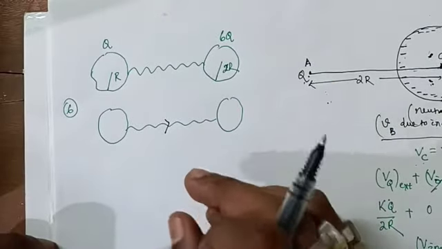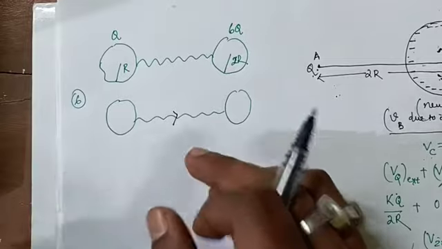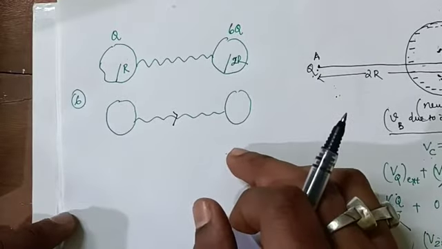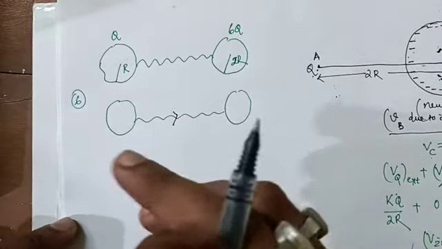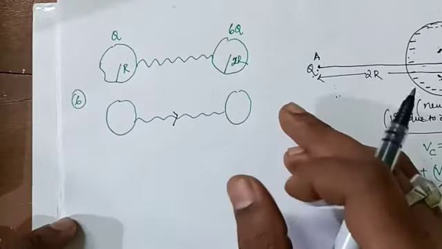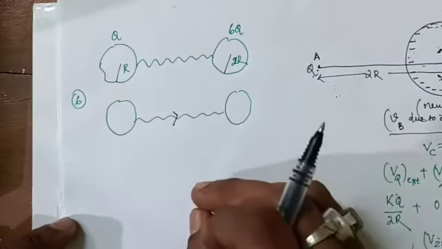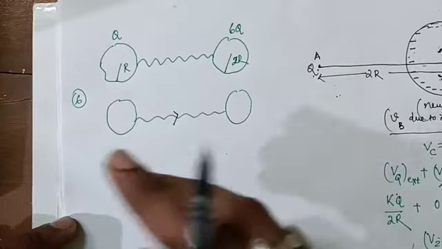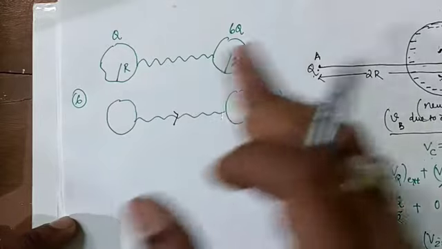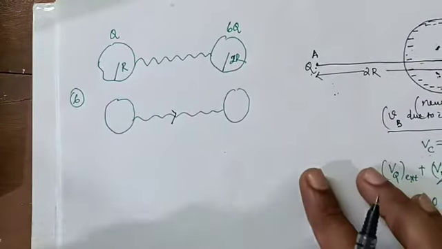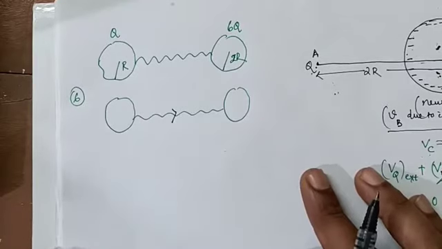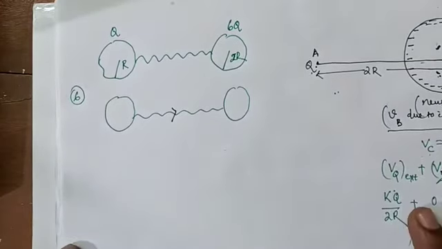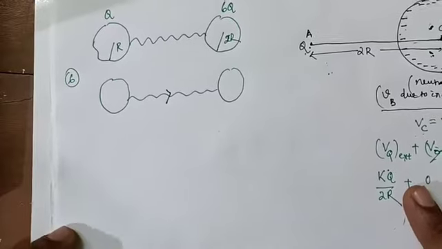This is a very major property of conductors. If it is a positive charge, it flows from higher potential to lower potential. This is a very quoted statement, please keep it in mind.